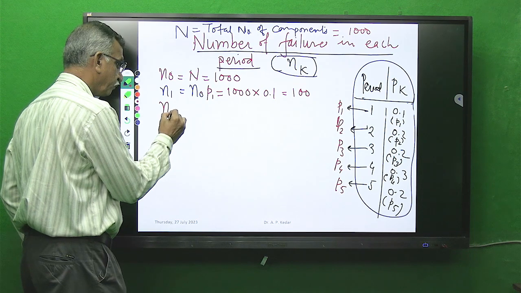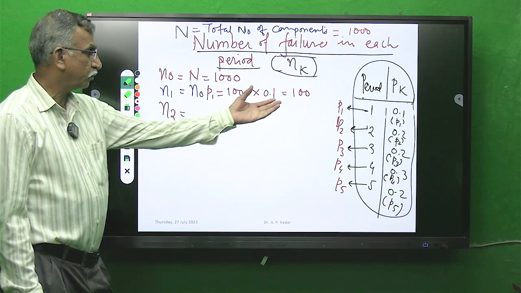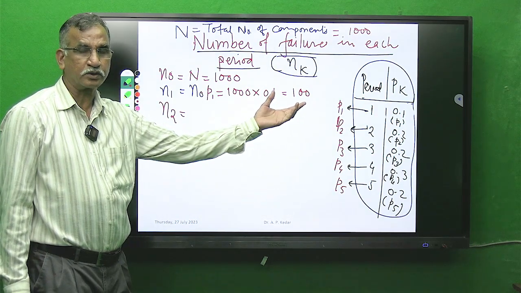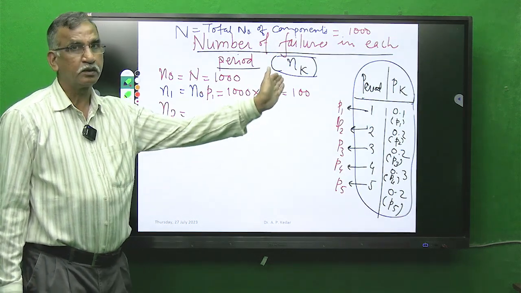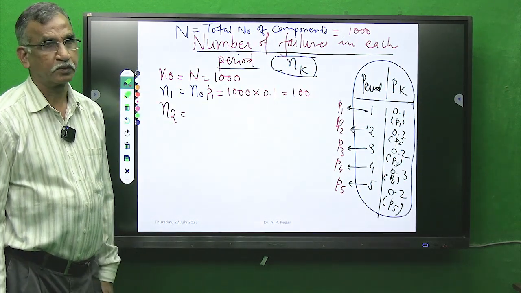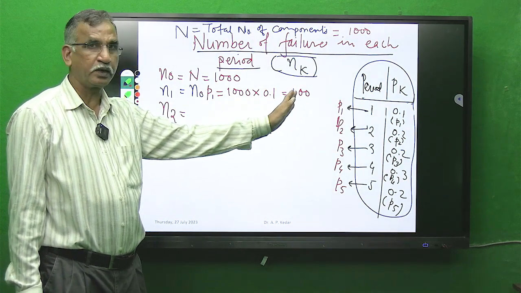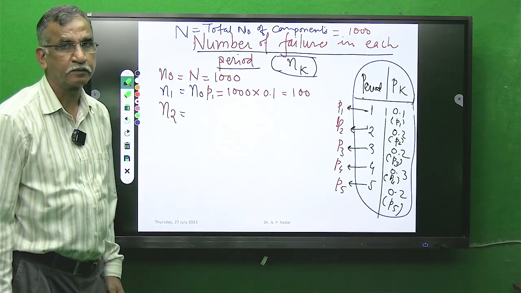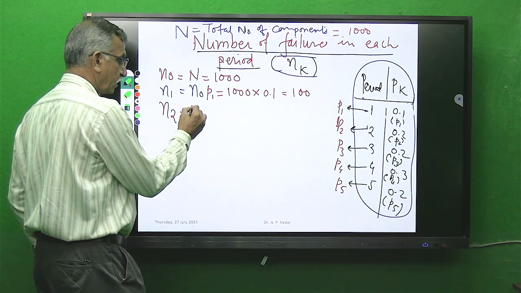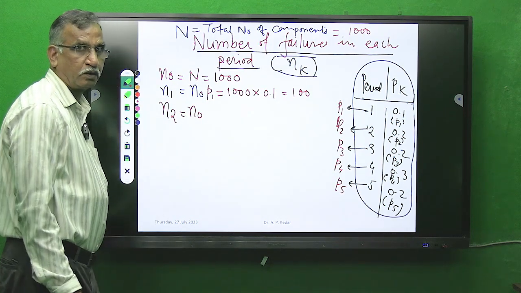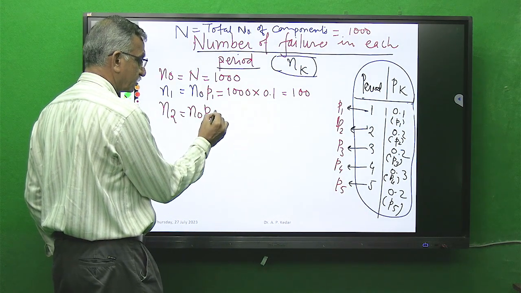N2 number of failure in the second period is very important. If your this value comes to be fraction, so we are not breaking the component, so take the next integer value then. If we are getting 99.1, we'll take 100. If we are getting 89.5, we'll take 90, like that. N2, see, for this N0 lot, they have probability of failure for second period.